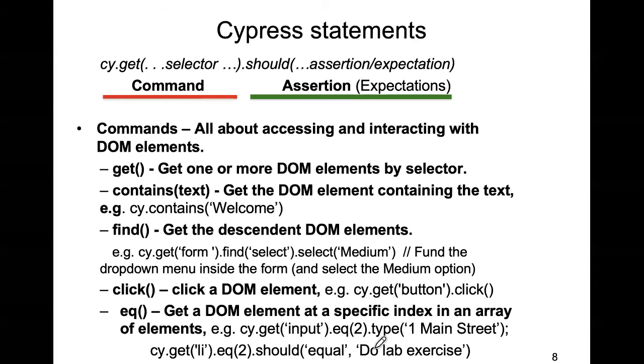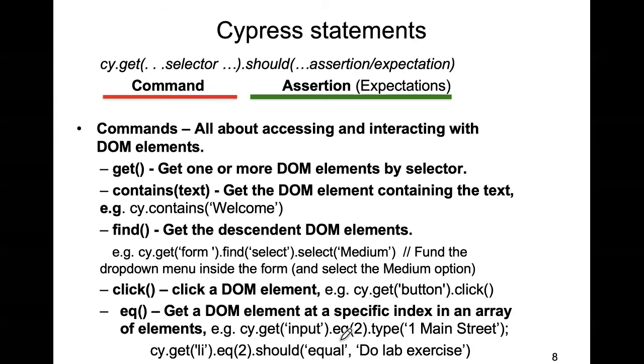That looks like it's from my to-do app kind of context. So the equals can be very useful when a get returns an array of matches, but you're only interested in one particular entry in that array for the purpose of interaction with it or for the purpose of making an assertion as I'm doing here.